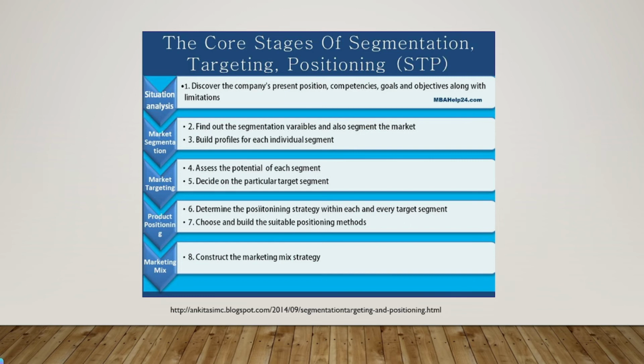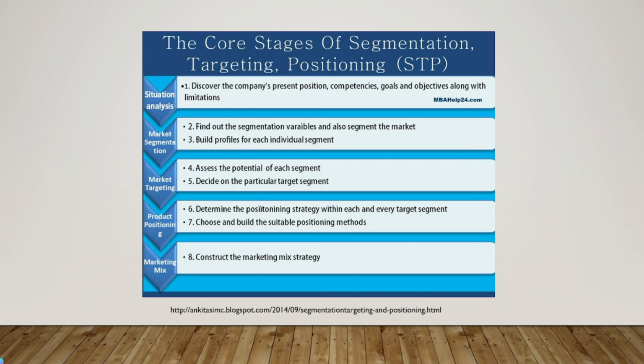You have to select your target at the next step. So you need to perform an assessment of the potential of each segment in terms of understanding who will be the substantial market and how much they are willing to pay for your product. In a general situation, we might look at how big the market is at the first step, right? So let's say the first group consists of 2.5 million population out there, and you decide to select that one, then you have to say this group is your primary target.